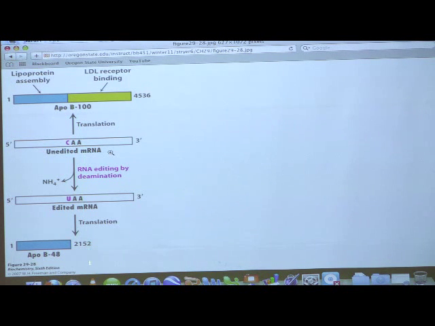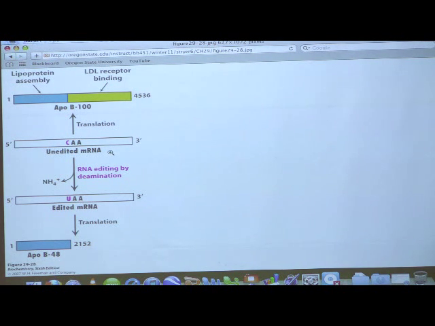The 100 and the 48 refer to the sizes: 100 kilodaltons, and this one is 48 kilodaltons. So this one is considerably bigger, and it is a component of LDLs. That change of one base changed considerably the protein that was being made. And the only difference was that liver cells don't make that enzyme, and intestinal cells do.